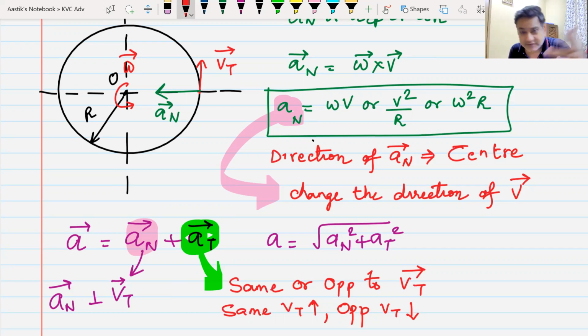If it has both centripetal and tangential, the motion is general motion. Do we understand this? Yes, sir. No tangential, no centripetal, straight line. No tangential, only centripetal, UCM. Centripetal as well as tangential, any motion in this entire universe. Got this? Yes, sir.